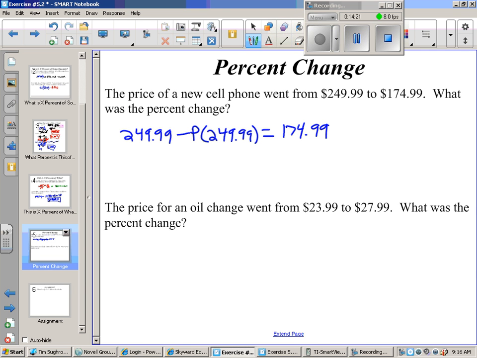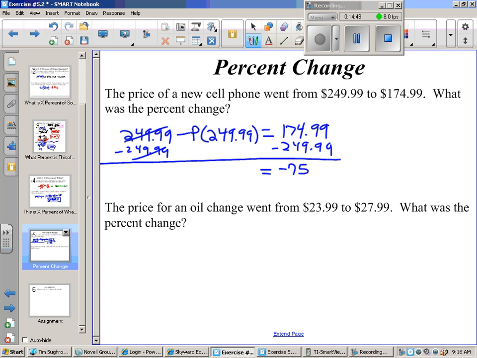So if I'm going to solve for P here, I'm going to subtract the $249.99 to the other side. And if we subtract 174.99 minus 249.99, what's it turn out to be? 75? Does that sound right?